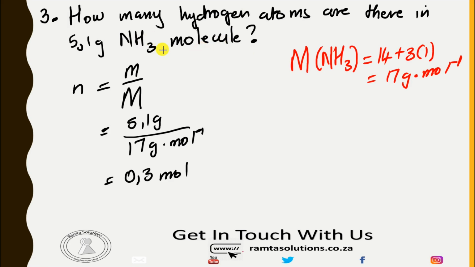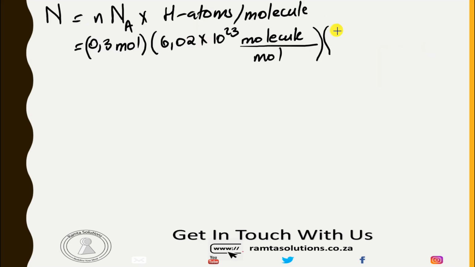We have 3 H atoms, so it'll be times 3. Can you see that? It's 3 H atoms per molecule. So for an ammonia molecule, you have 3 H atoms.